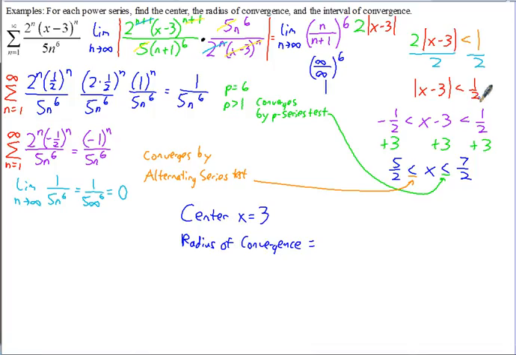So there's 1/2 each direction from the center. And then your interval of convergence would be the bracket 5 halves and 7 halves, both of them included. We've got both endpoints of convergence.